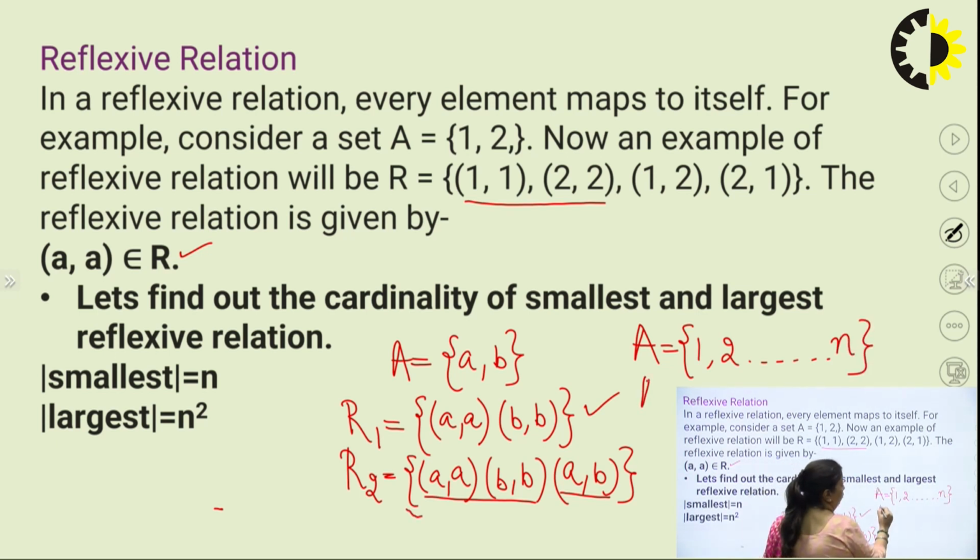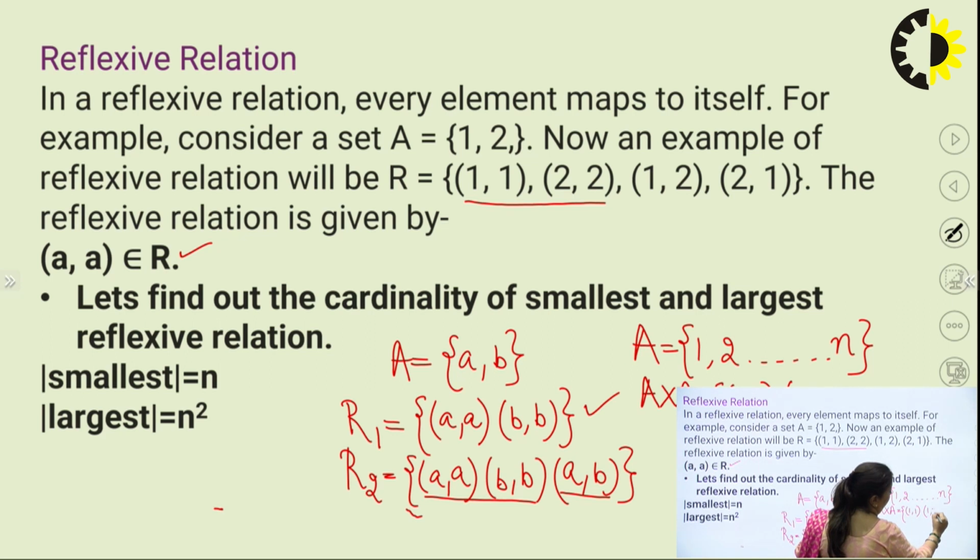If I write down the cross product A cross A, it will have (1, 1), then (1, 2) up to (1, n) and so on. Same way I'll have (2, 1), (2, 2), (2, n). Same way I'll have (n, 1), (n, 2), (n, n).